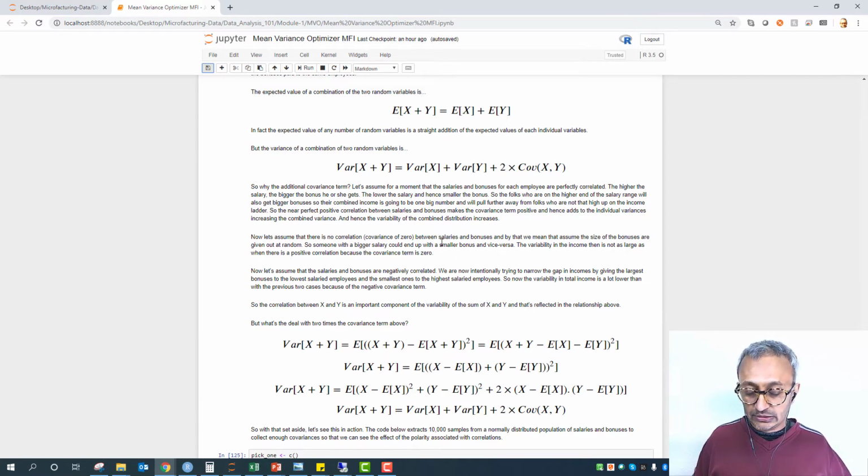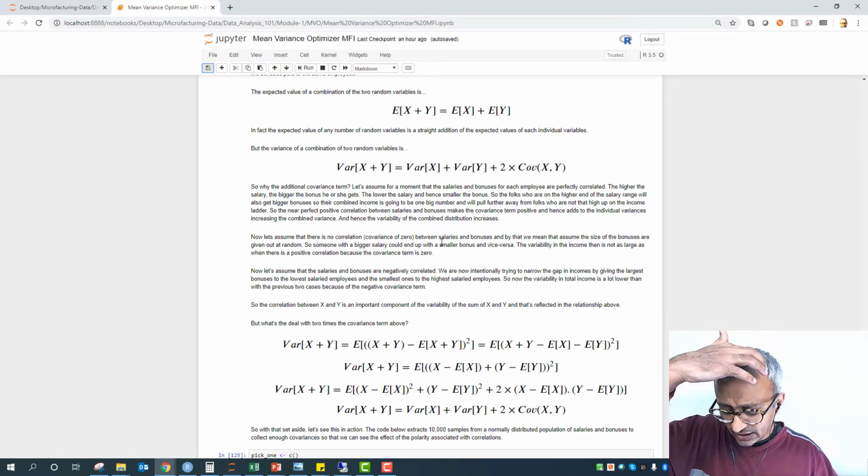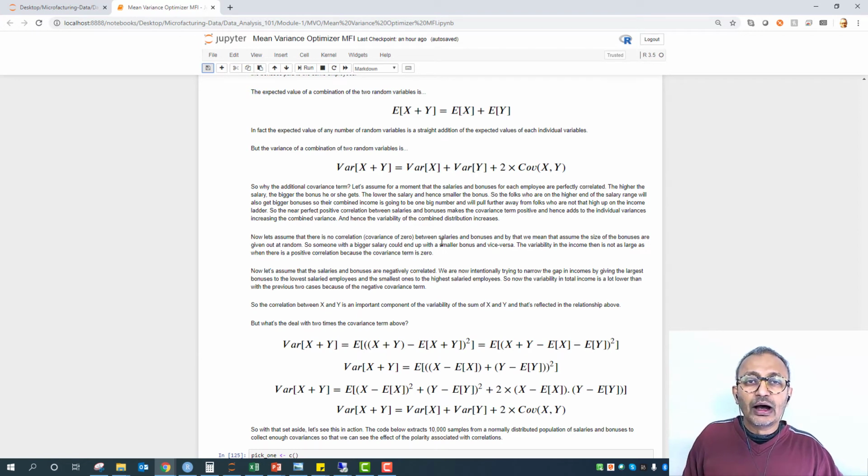Maybe I misspoke here, okay. What I meant to say is that if it's random, the highest salaried person can get any amount of bonus. The lowest salaried person can get any amount of bonus, and there is no pattern, okay. So the covariance term goes away. So that means you have just the two variances combined together.